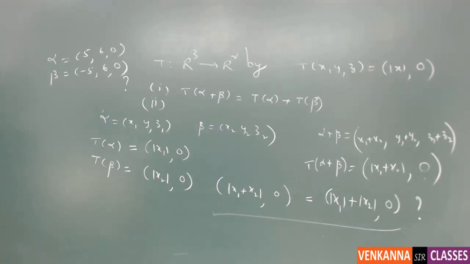Accepted? Any more queries for anybody? Since the very first condition is not satisfied, there is no need to check the second condition. Please understand, if the first condition is satisfied, then we go for the second condition. If it is also satisfied, then it is a linear transformation, otherwise not. Okay.